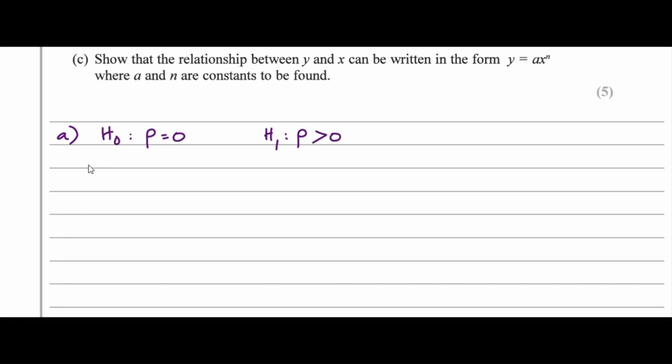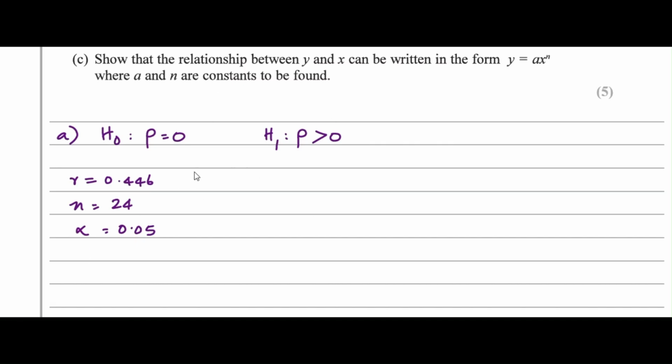Let us also list down all the other bits of information that we have. So we have been told that the R is 0.446, N, the number in the sample is 24, and then alpha is equal to 0.05.